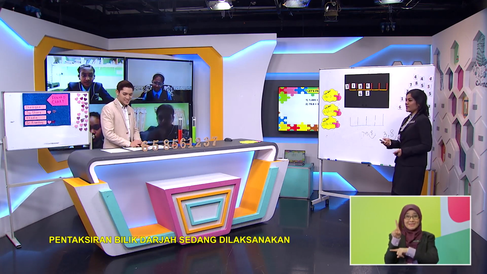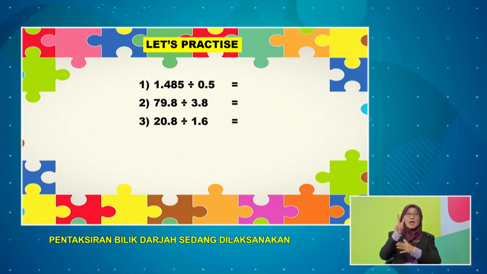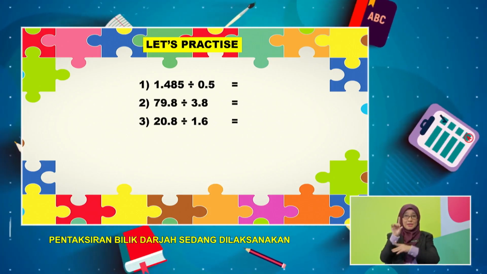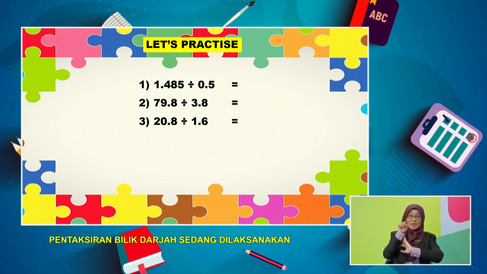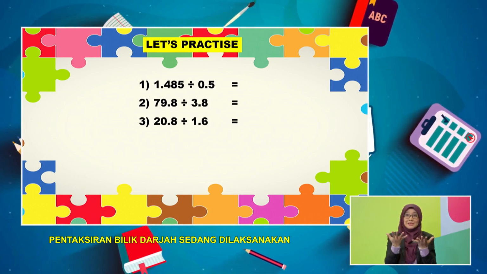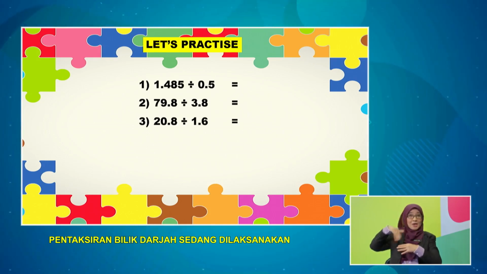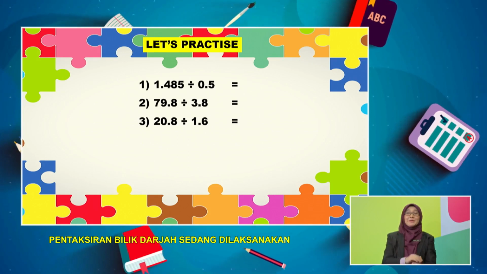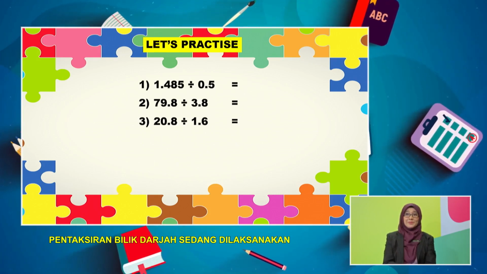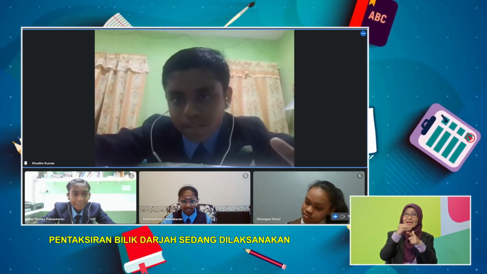Okay, third one. 20.8 divided by 1.6. Who would like to try? This time I want from Desiga or Kadim. So far, Jeshira and Sri are giving the right answer. Let me see our hero. Can I try? Yes, Kadim, go ahead.